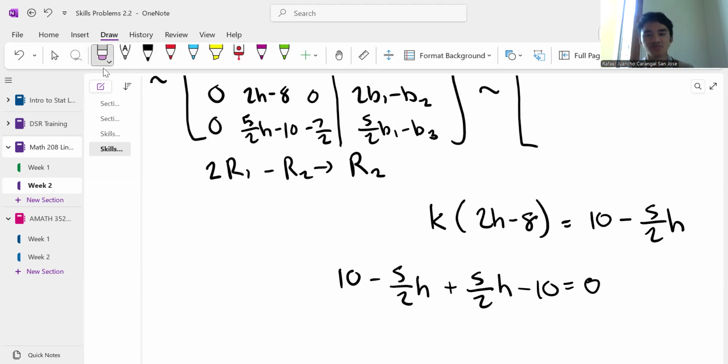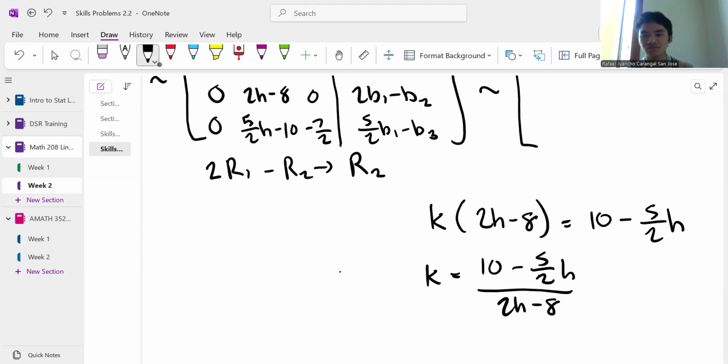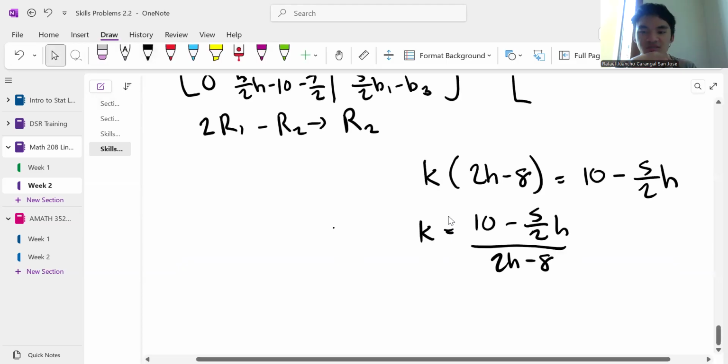That should be 0. And so the way to get this k is, funny enough, pretty simple, but it's just this. No, I'm kidding, it's not that simple.